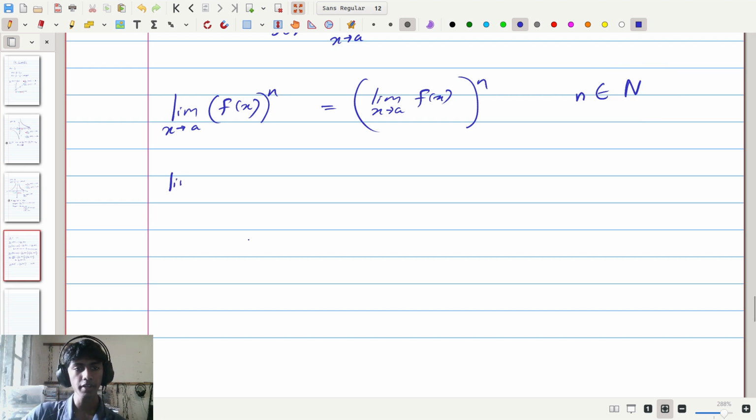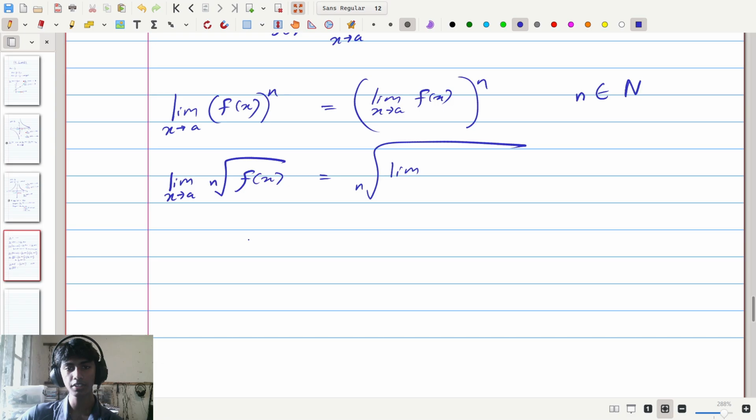Similarly, the limit as x approaches a of the nth root of f of x is equal to the nth root of the limit as x approaches a of f of x.